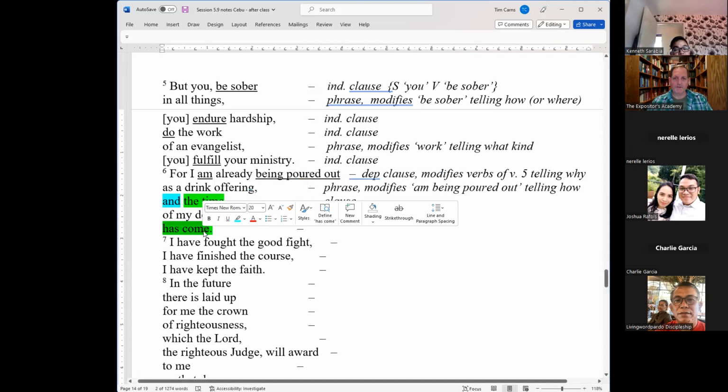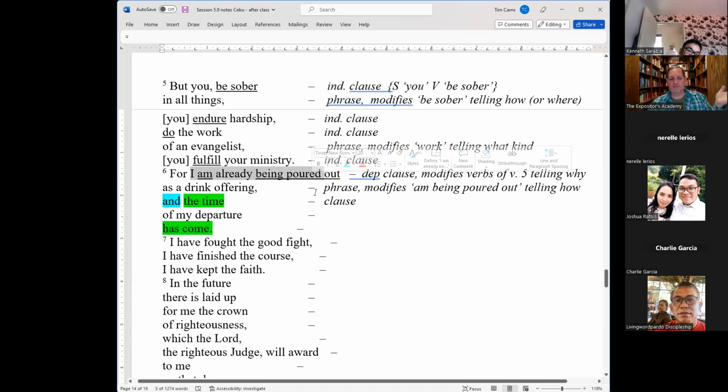So it's going to be joined to another clause, and the one that makes the most sense is "I'm being poured out," right? Yes, that's right. "I am being poured out and the time has come." And "I am being poured out" was a dependent clause.